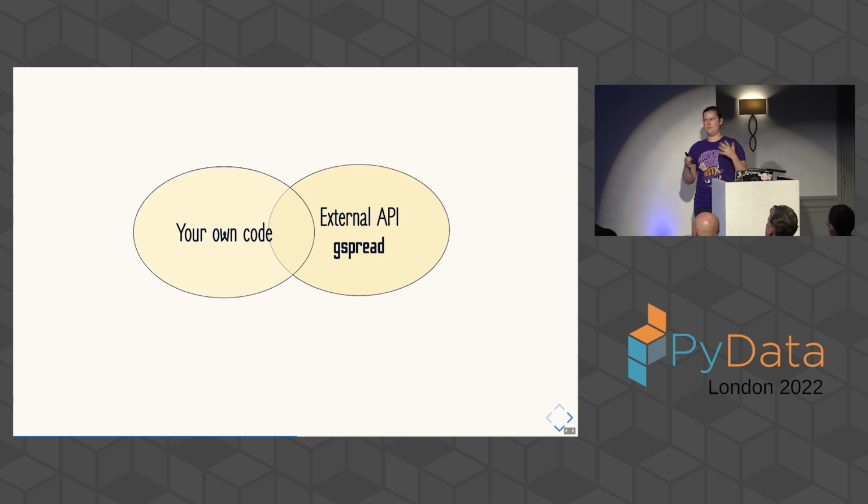And it feels a bit clunky because, for one thing, when you are testing, you probably don't want to have to set up credentials to access the Google API every time. There are things around rate limiting.